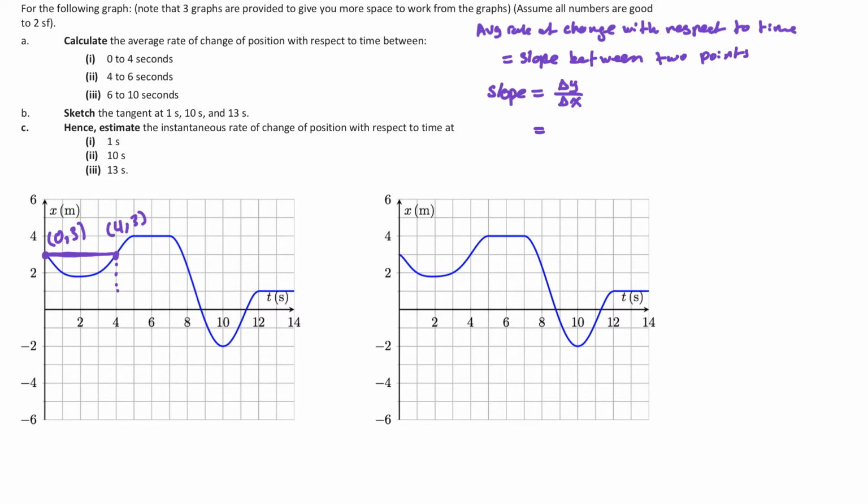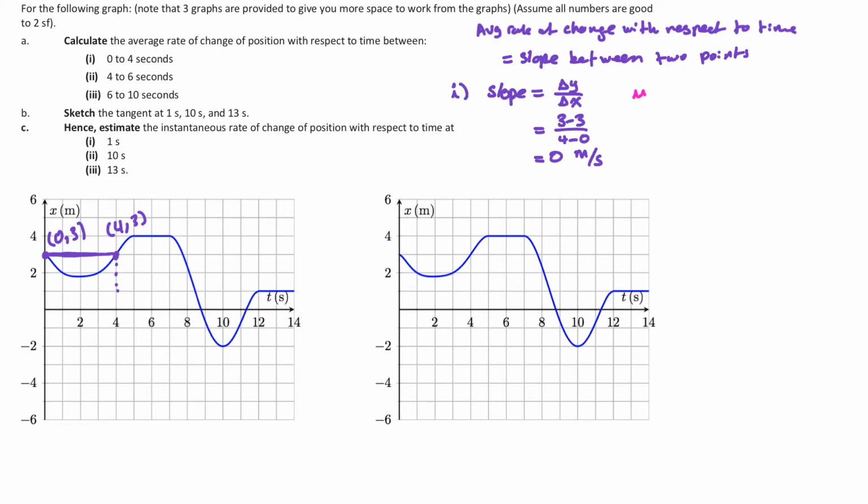You don't have to do all the calculation, but here I will write delta y, 3 minus 3, over 4 minus 0, which is equal to 0. And my units for this is meters per second. So the average rate of change between times 0 to 4 here will be 0 meters per second. That's part I.